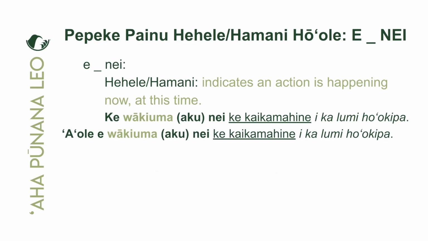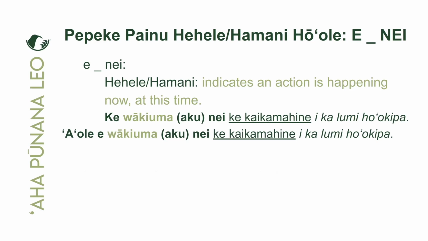So what happened? Again, we use the word 'a'ole to negate it, and then ke nei is changed to e, verb, yeah, action word, nei. 'A'ole e wakiuma aku nei ke kaikamahine i ka lumi ho'okipa. Pretty simple, yeah? 'A'ole e action word nei.